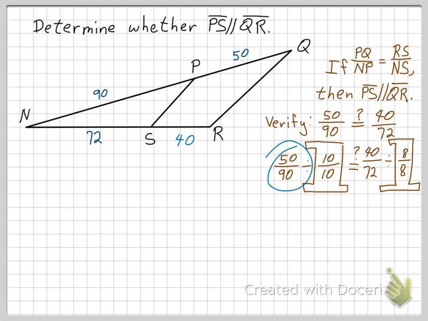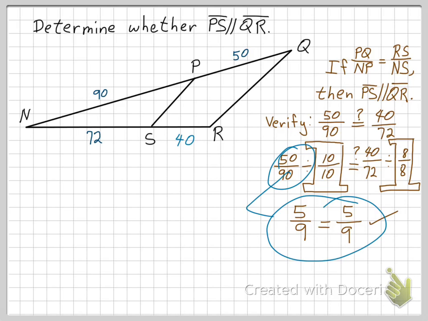So 50 90ths divided by 1 is still 50 90ths, and 40 72nds divided by 1 is still 40 72nds, but I've reduced them, right? So 50 90ths reduces to 5/9, it's the same value, and 40 72nds divided by 8 over 8 is 5/9, it's still the same value.